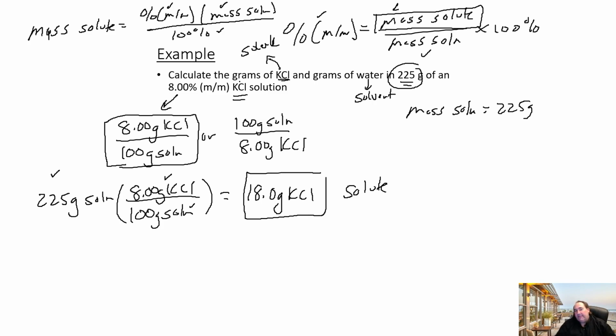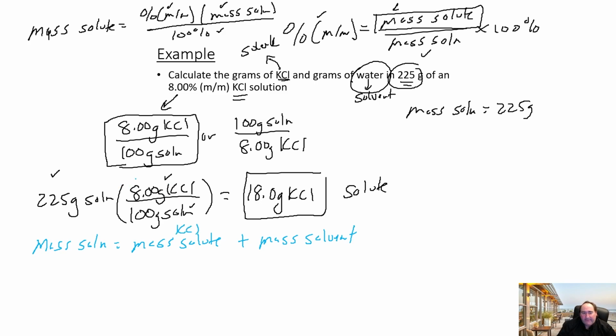We're also looking for, in this case, how much water we would have. So in honor of water, we'll go with blue. We know that the mass of the solution should be the mass of the solute plus the mass of our solvent. Remember, in this case, the solute is the KCl, the water is our solvent, and that's the mass of our solution.